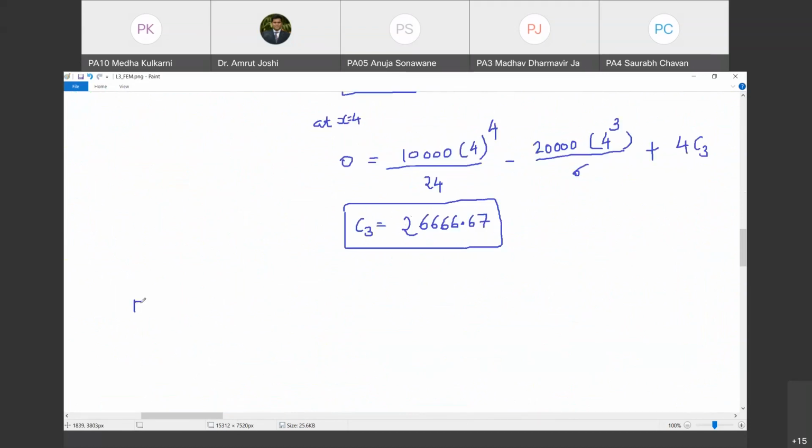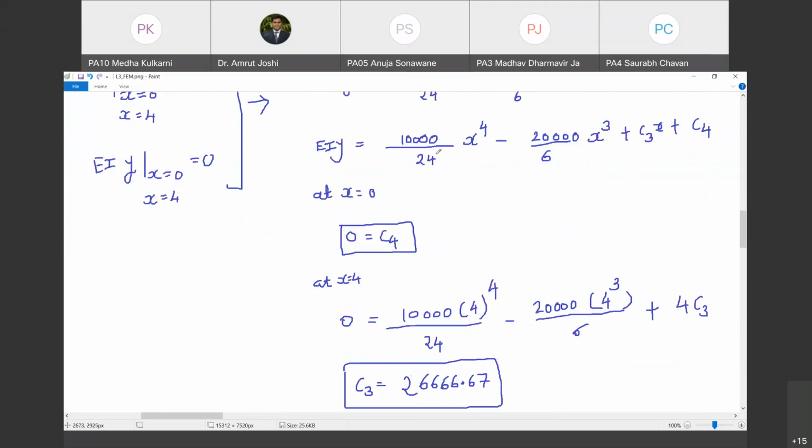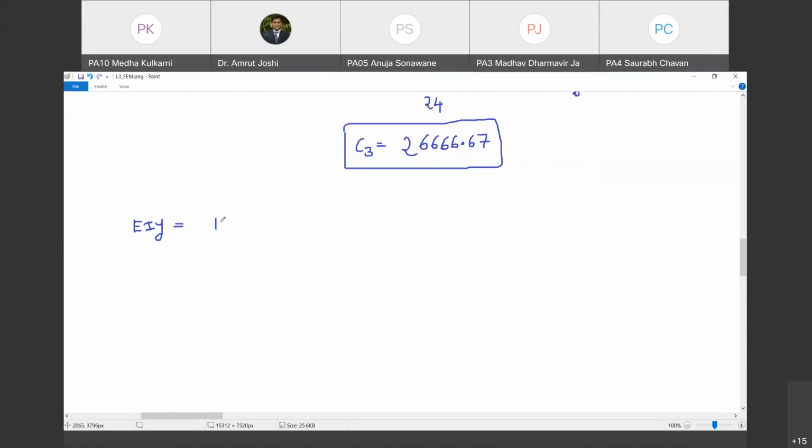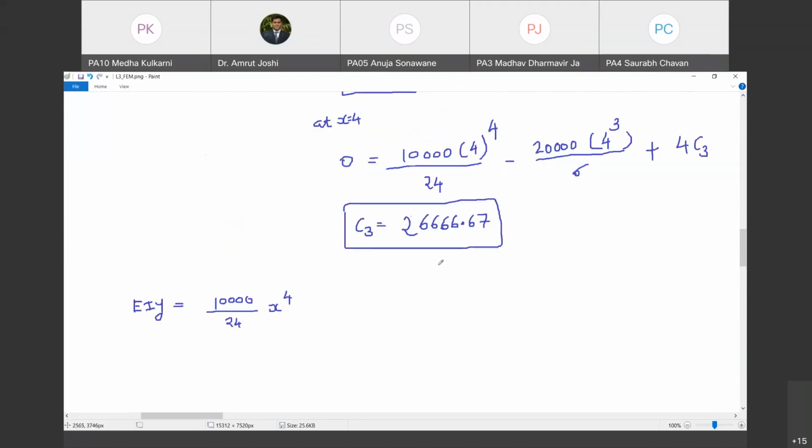So what is the expression? EIY is equal to 10,000 by 24 x raised to 4. Happy?